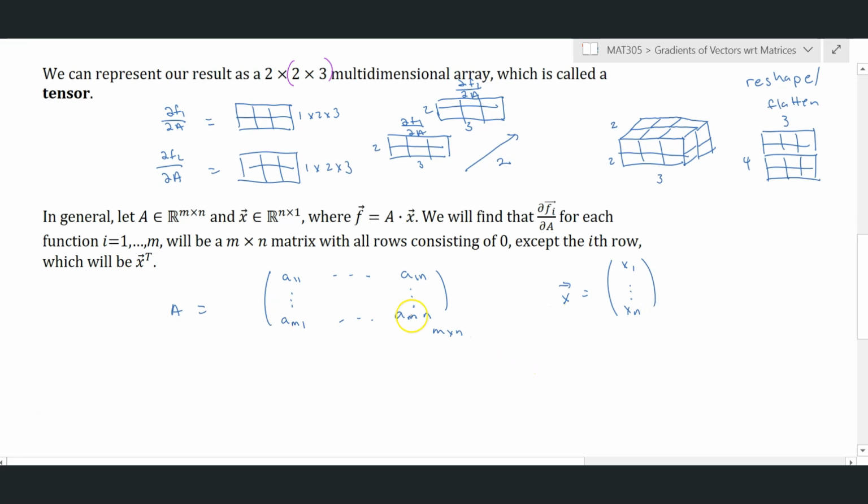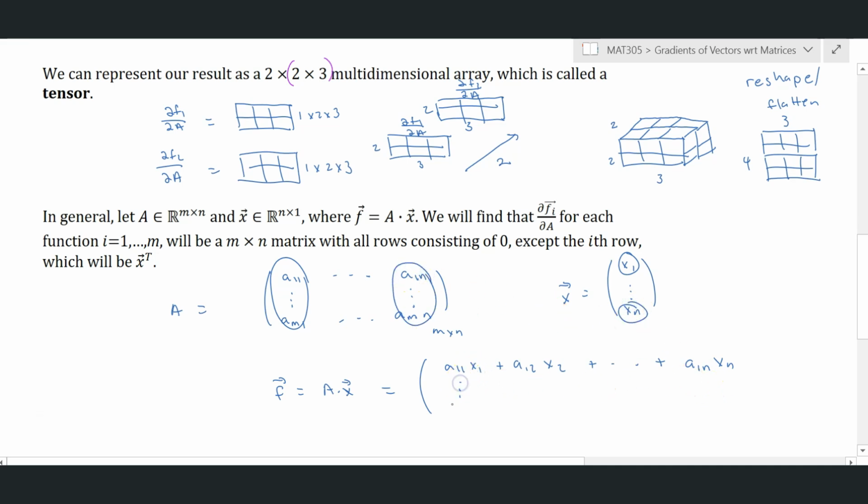Now, when you multiply these together, for our function, A times x, you will get a11 x1 plus a12 x2 all the way up to a1n xn. That's this component times this column all the way over to this component times this column.